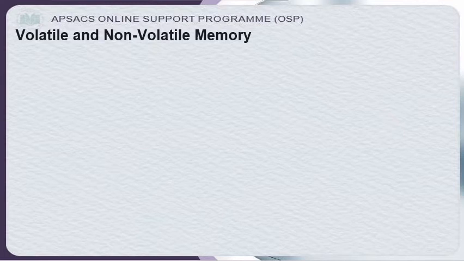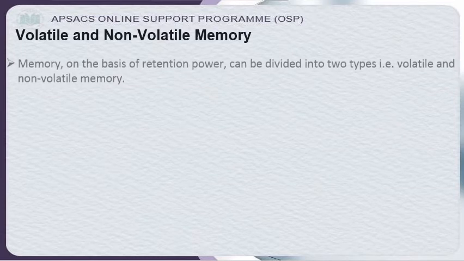Volatile and non-volatile is the retention category here. It means the data stored on this memory either requires current or does not require electricity. When you stop the electricity, the data will or will not be available. So let's discuss volatile and non-volatile memories.